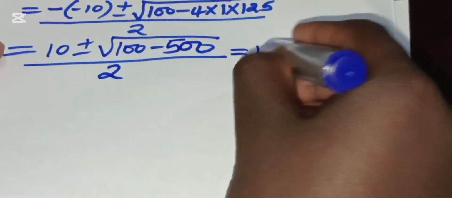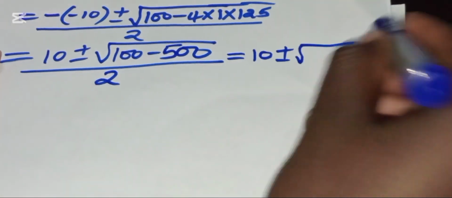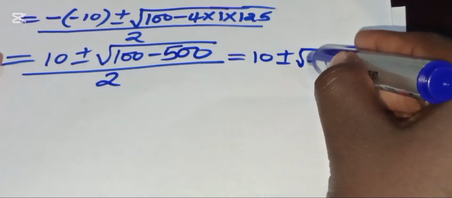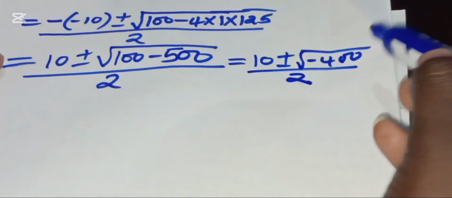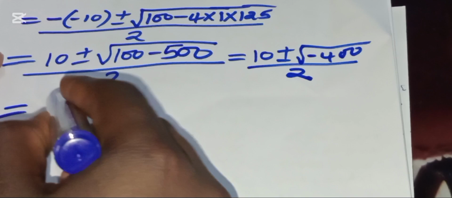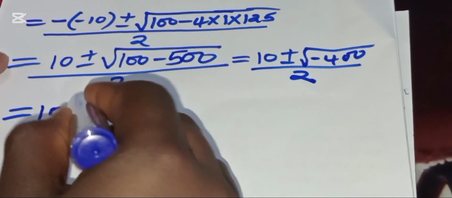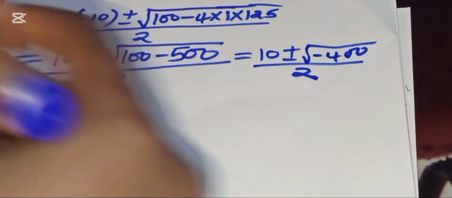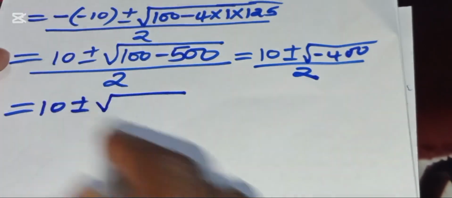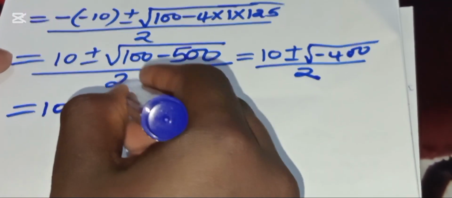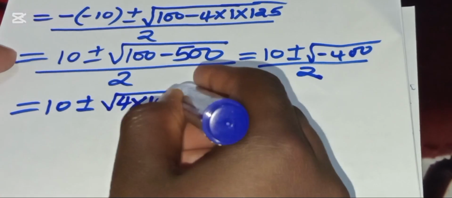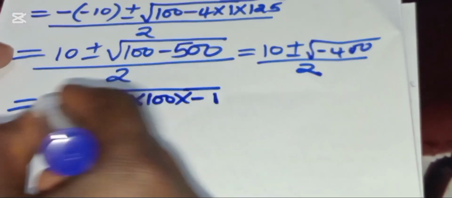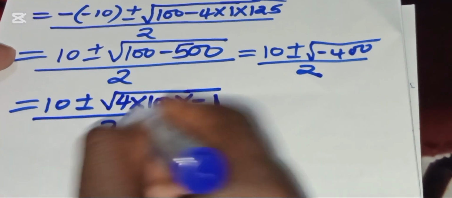So here we have 10 plus or minus the square root of negative 400, divide everything by 2. Negative 400 can be expressed as 4 multiplied by 100 multiplied by negative 1, divide everything by 2.